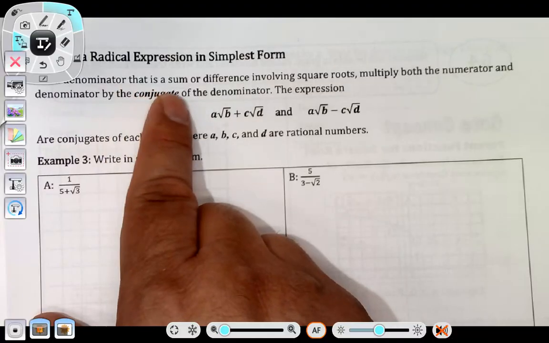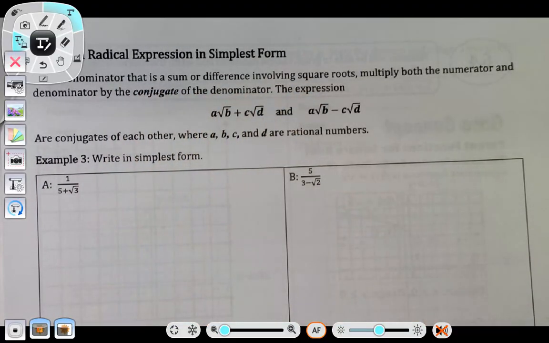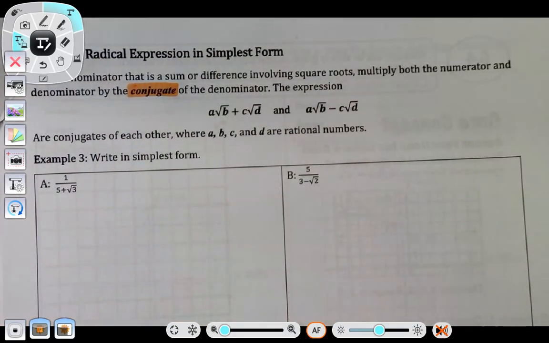For a denominator that is a sum or difference involving square roots, multiply both the numerator and the denominator by what we call the conjugate. Again, we've heard that word before, the idea of the conjugate of the denominator.